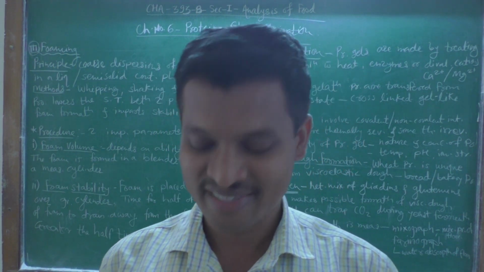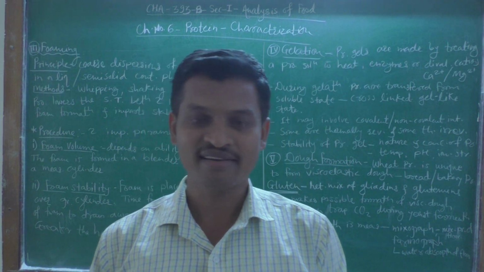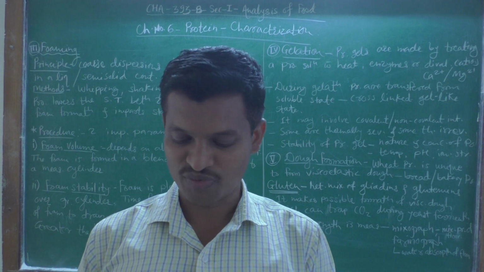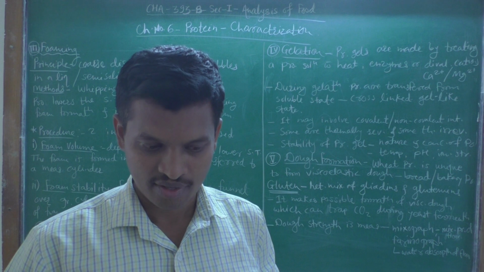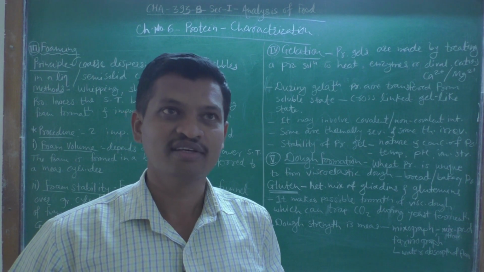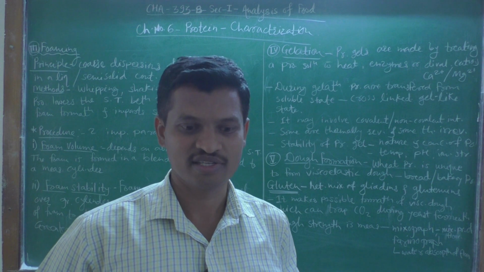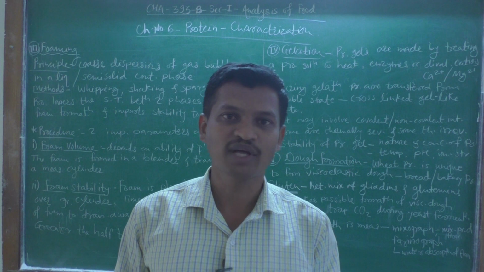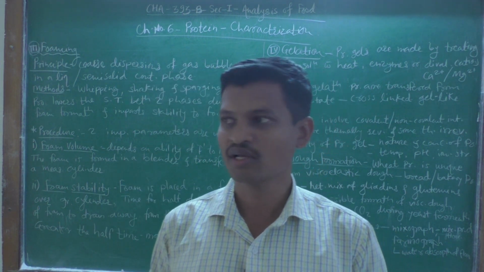Dear friends, we have started the protein characterization part of this food analysis section. In the last lecture, we started the protein functional properties, and we know that there are mainly three protein functional properties.